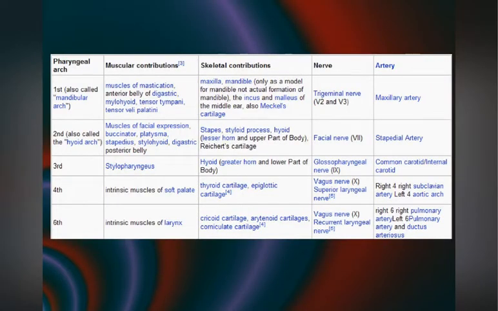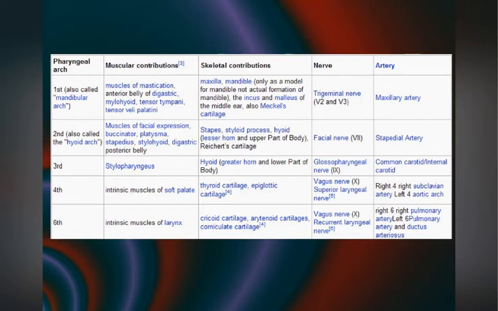This table is an important table. This table shows the derivatives of the 5 pharyngeal arches, also the nerve supply and the blood supply of these derivatives.